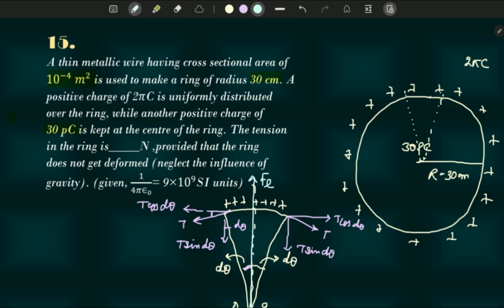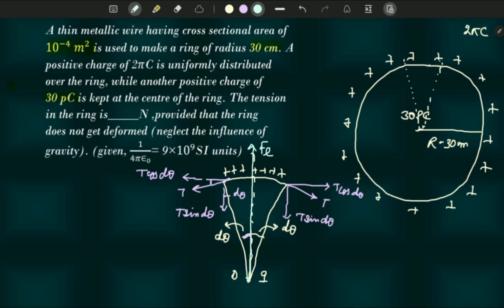Now if you look carefully at the FBD, I can see that this T cos d theta and T cos d theta on the other side will get cancelled. So the only force which is balancing is 2T sine d theta, the downward force, which will balance our electrostatic force Fe. Why will they balance? Because in the question it is given the ring does not get deformed.